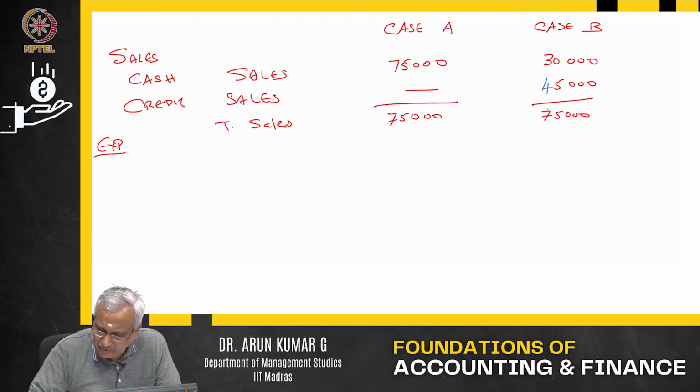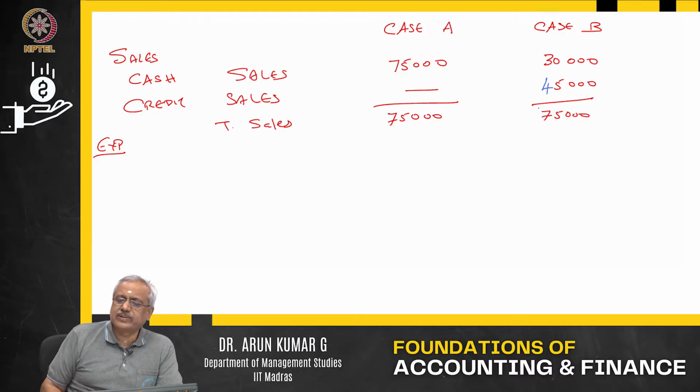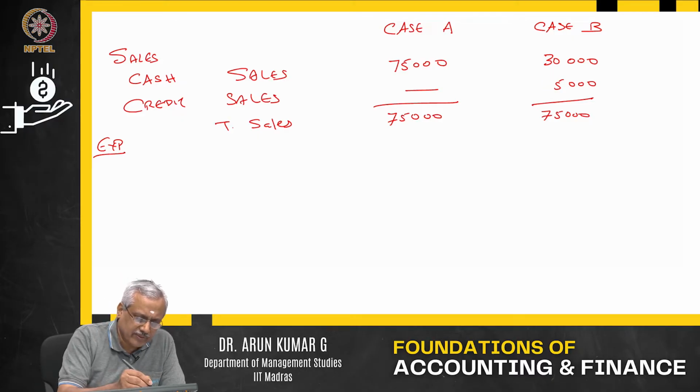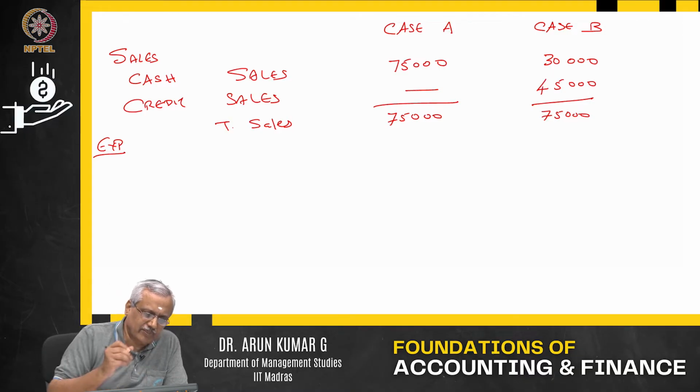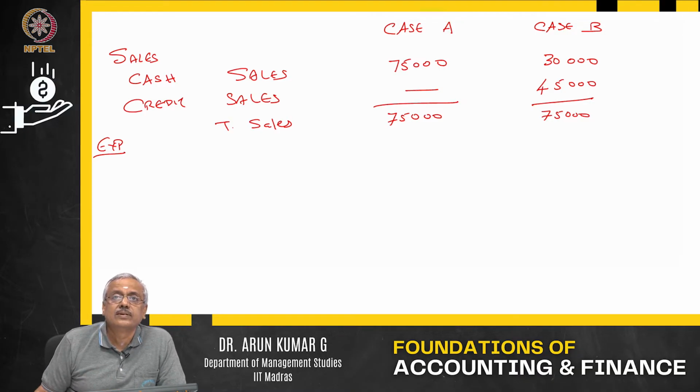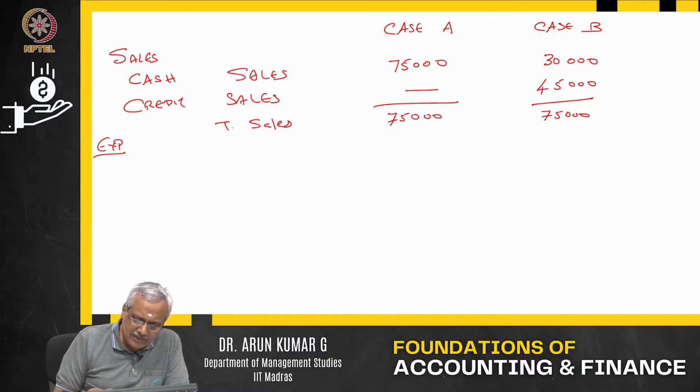Let us make it 45,000 and that is 75,000. Let me use the same red color here. Sorry, that's totally a mistake from my side. Thank you, Sohail. Now let us look at the expenses.